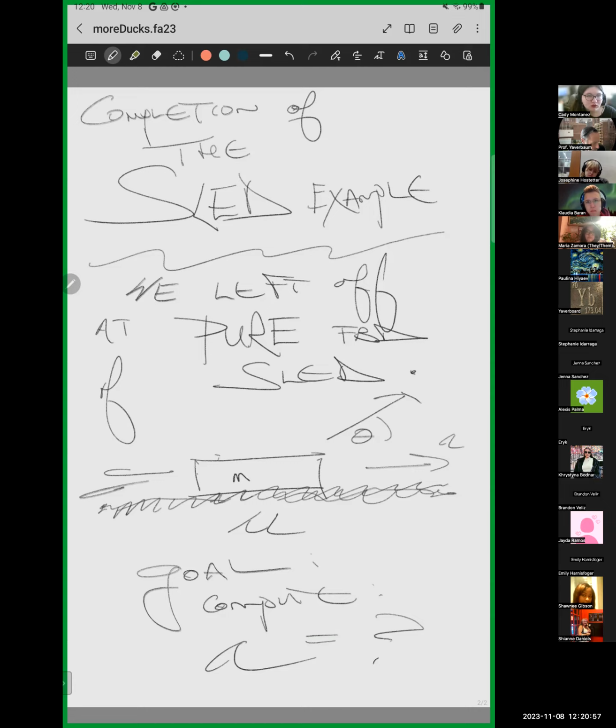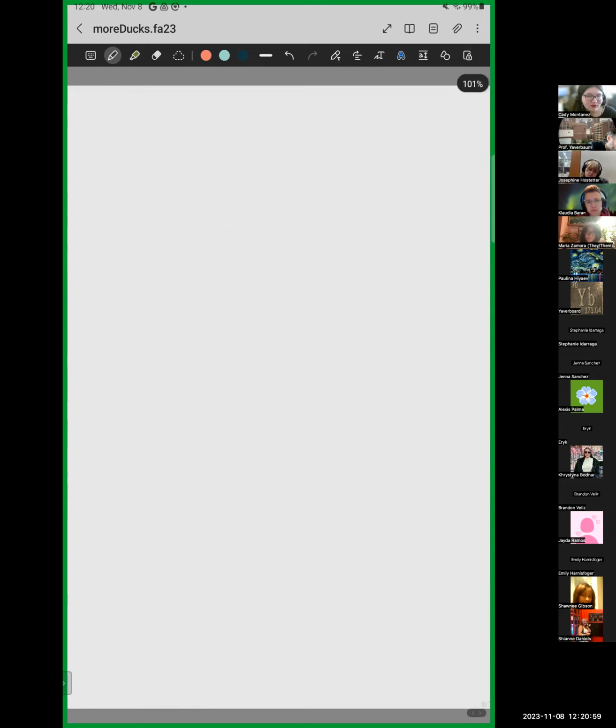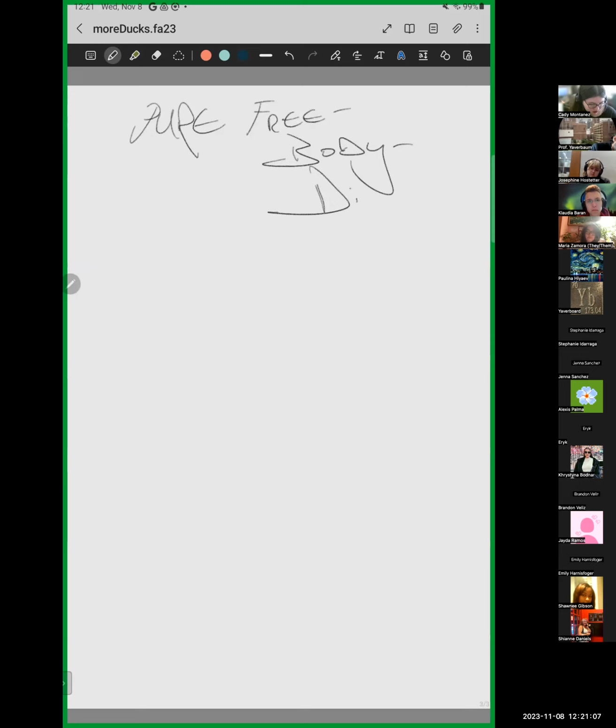What we just had was the pure free body diagram. The pure free body diagram looked like this. The tension in the string was pulling up and to the right at some angle.